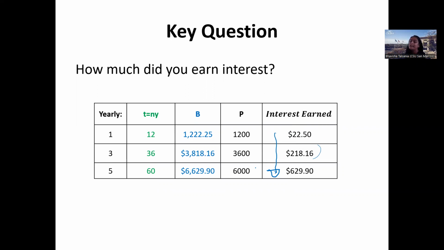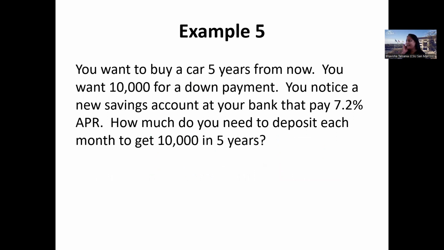So this is why it's always good to save in a high interest account, so that you can earn more money. Let your money do the work. But the key thing I want you to get out of here is interest is going to equal balance minus the principal.